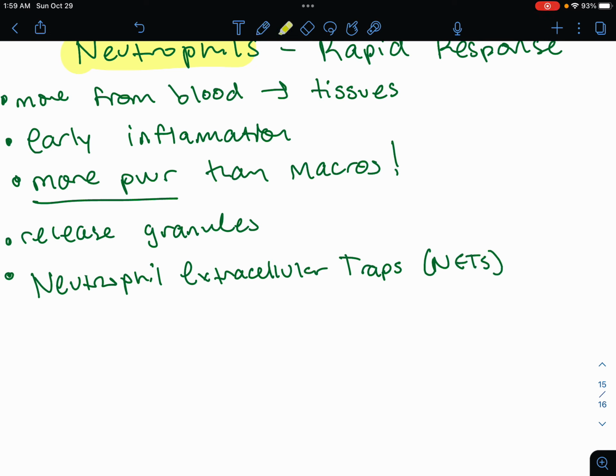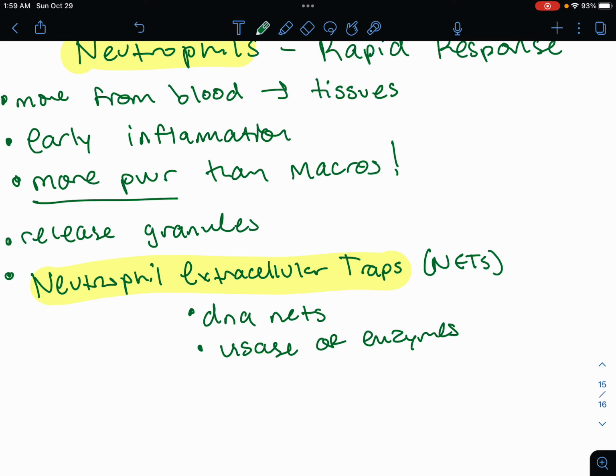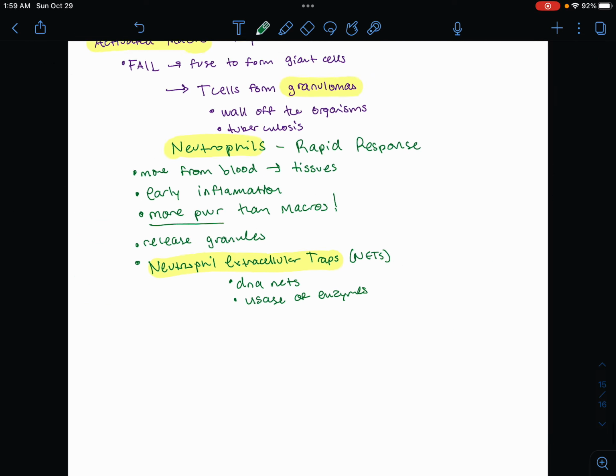And these are actually going to be made out of DNA, which sounds amazing. And then this allows usage of enzymes to destroy the invading pathogens.